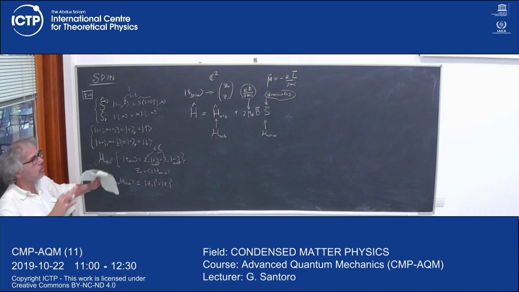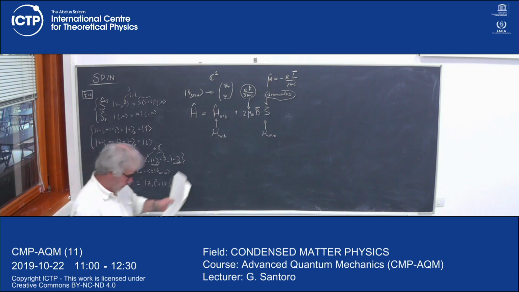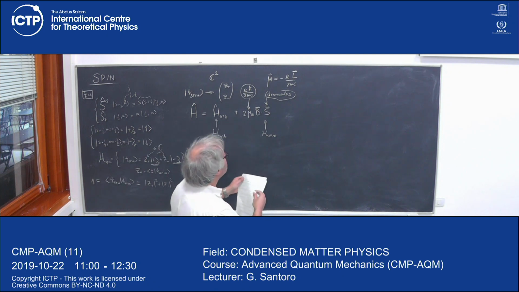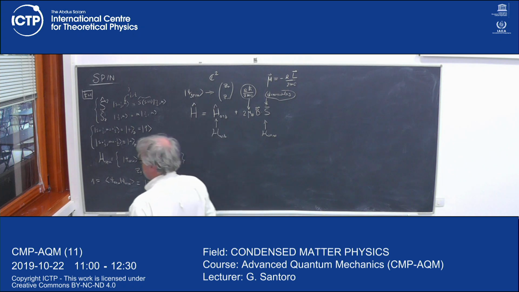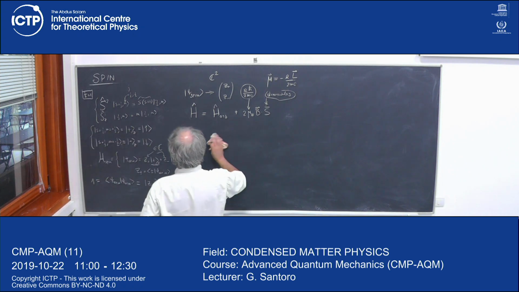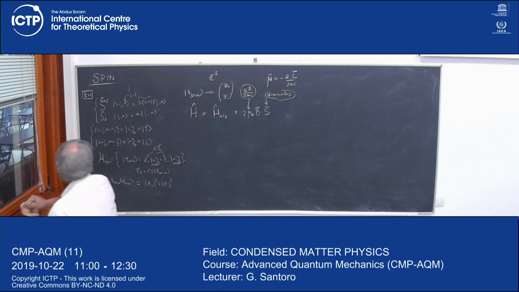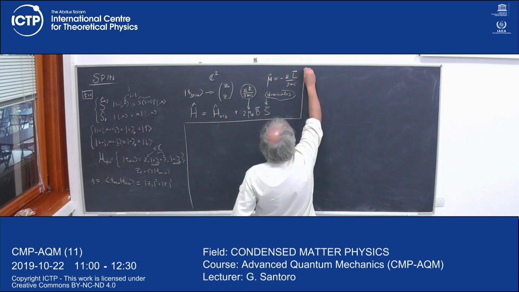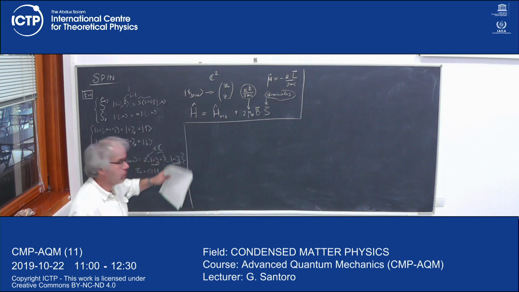How do you glue together those two things is our next goal. Now, to do that, let me just forget about this for a while. Let me introduce the concept of a tensor product of two Hilbert spaces.